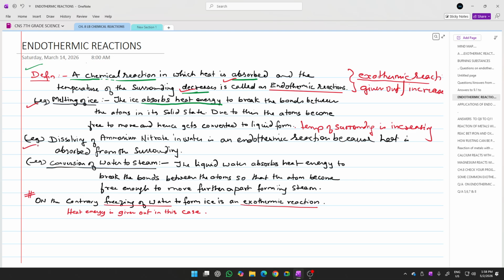Let us go for one more example: dissolving of ammonium nitrate in water. When you dissolve ammonium nitrate in water, this is also an endothermic reaction. Why?